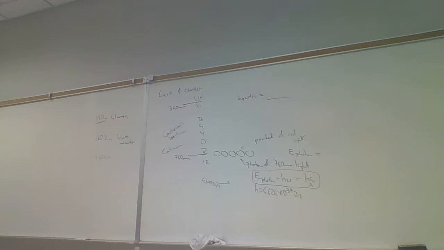What's the speed of light? Speed of light is 2.997 times 10 to the 8th meters per second. Is it 0 for h? It's joules per second. I heard you say joules per second. Well, that's what I said too.